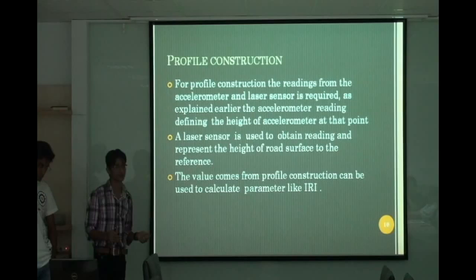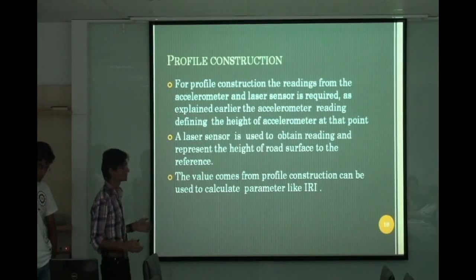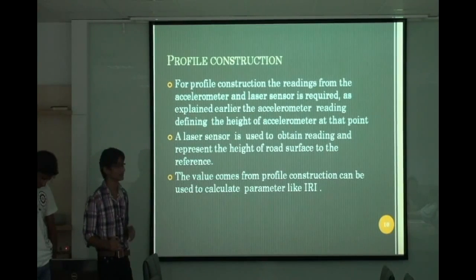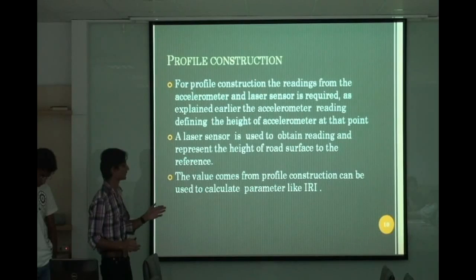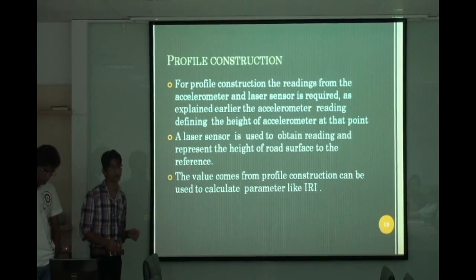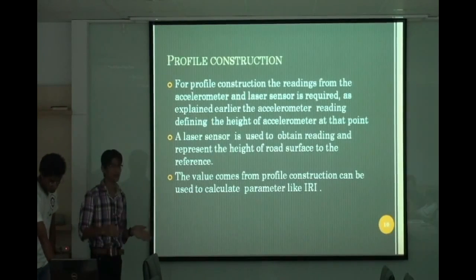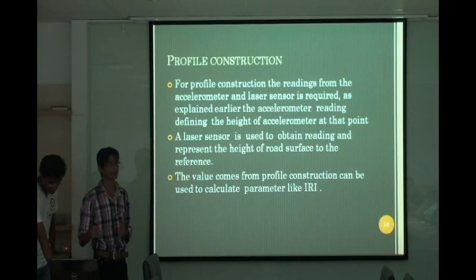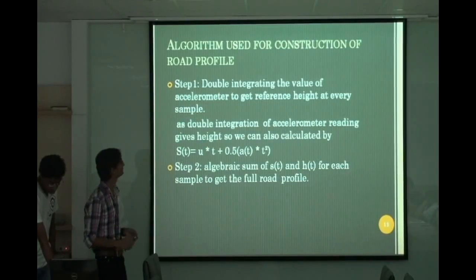We get the height of the road from the reference, where the reference is the accelerometer reading. And second, the value comes from the profile construction. We use it to calculate parameters like IRI. So with these 2 readings, we are also going to calculate the IRI.